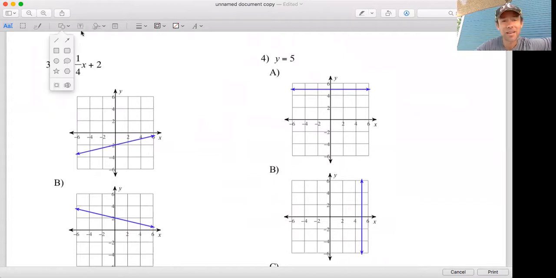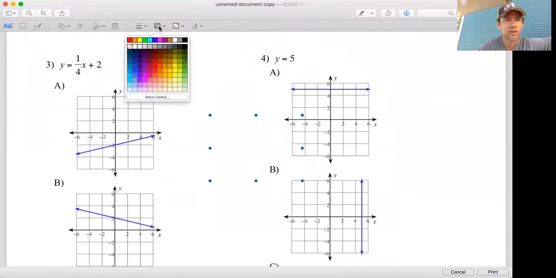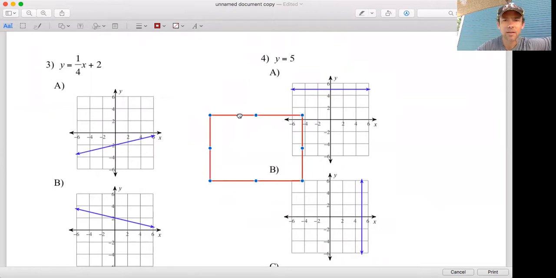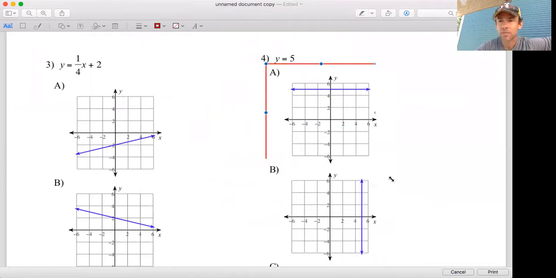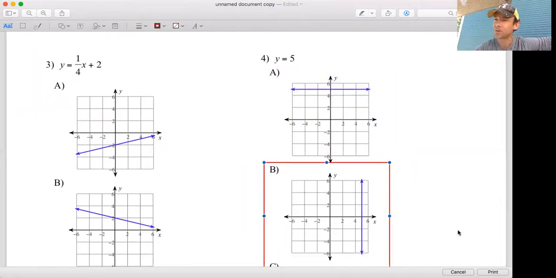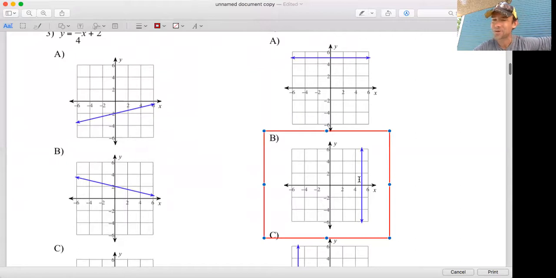Right there, so that's y equals 5. This one over here would be a popular answer on a quiz. If students got it wrong, this would probably be the way they got it wrong, because that is 5, but that's x equals 5.